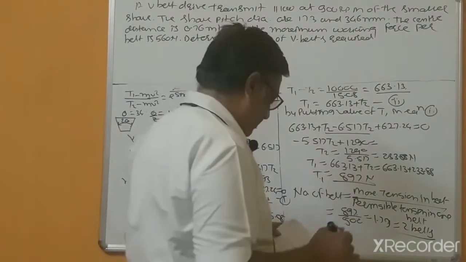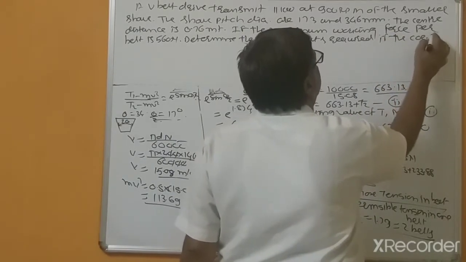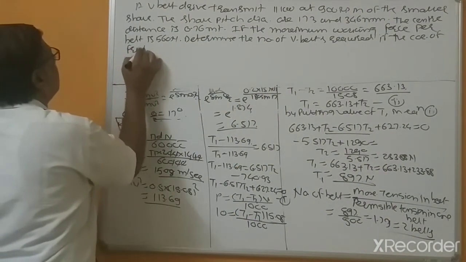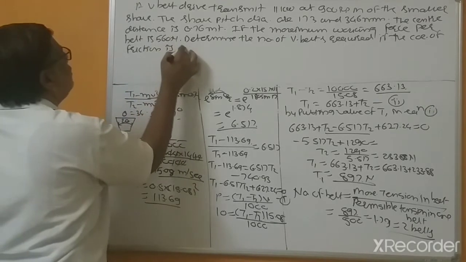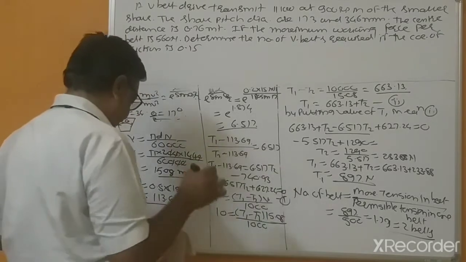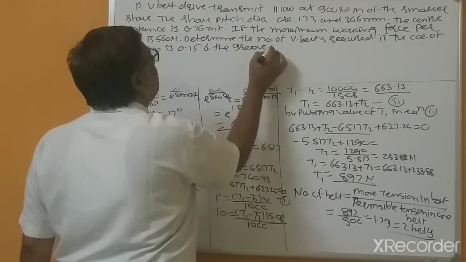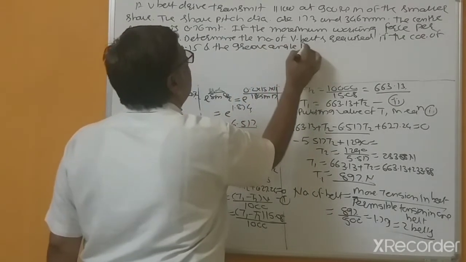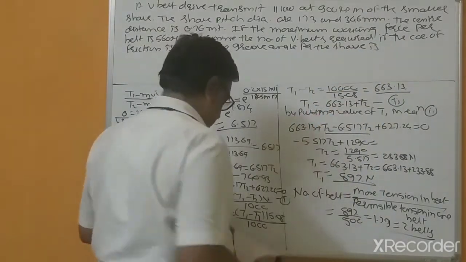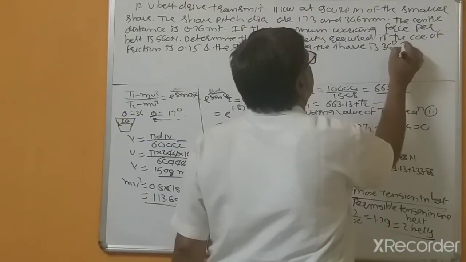If the coefficient of friction is 0.15 and the groove angle for the sheave is again given as 34 degree.